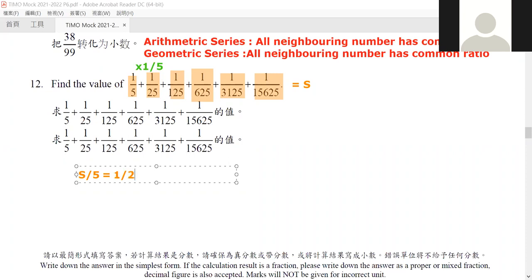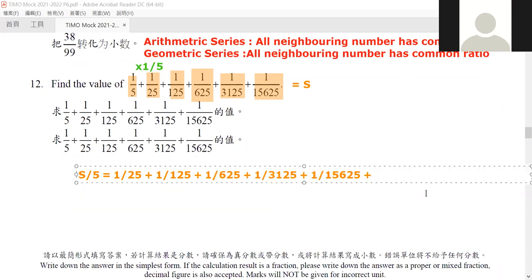Then this will be equal to 1/25 plus 1/125 plus 1/625 plus 1/3125 plus 1/15625 plus, finally, the last term, which still needs to be multiplied by 1/5: 15625 multiplied by 5 gives 1/78125.